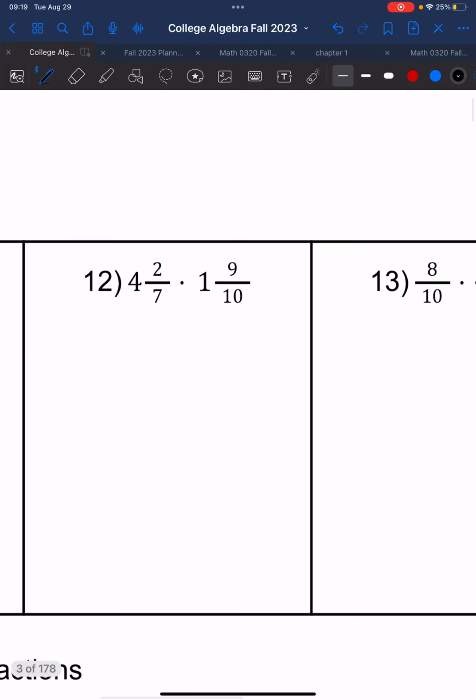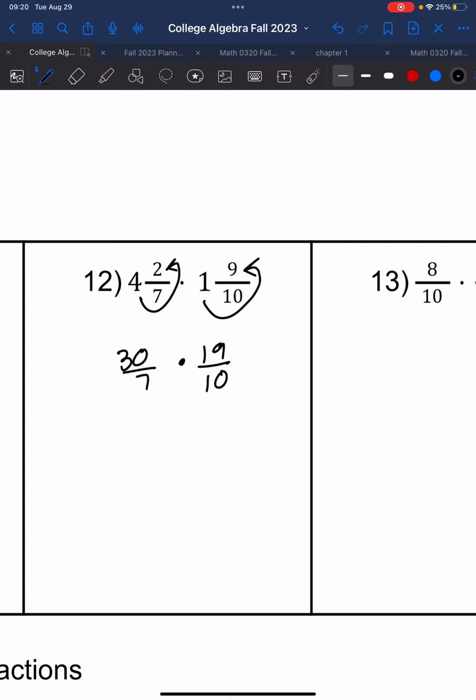Same thing goes for the rest of these examples, but again, before we can do anything, we have to turn these into improper fractions. So we're going to go ahead and do that first. So this first one, we have 30 over 7 times 19 over 10.